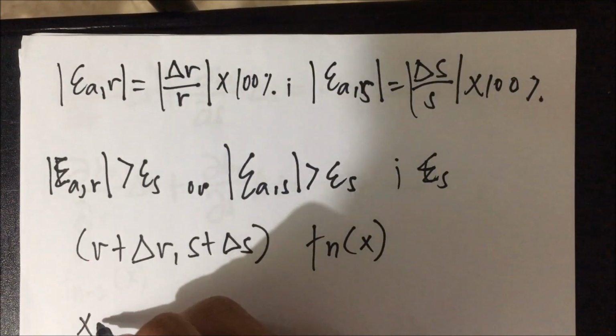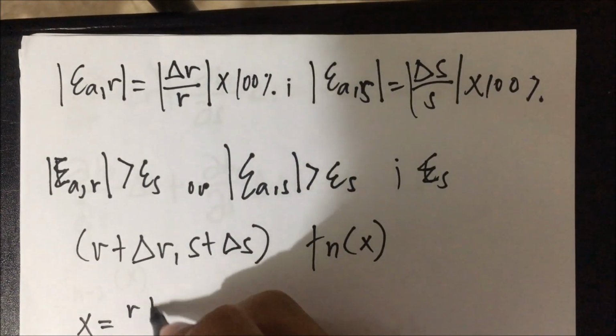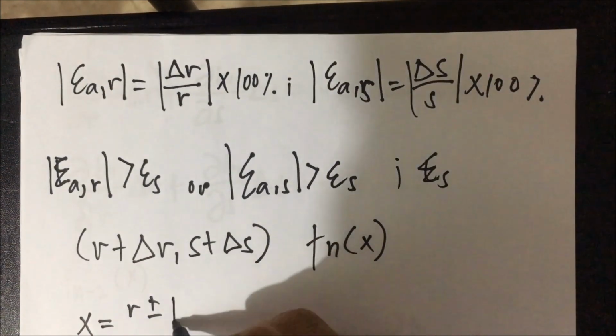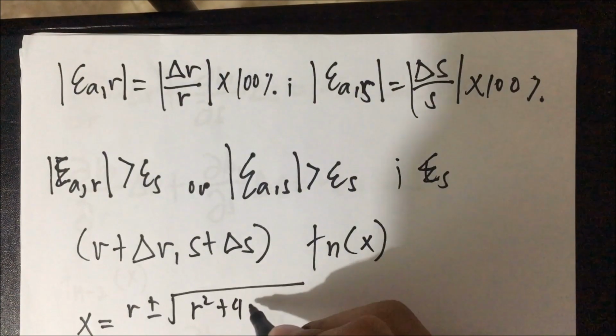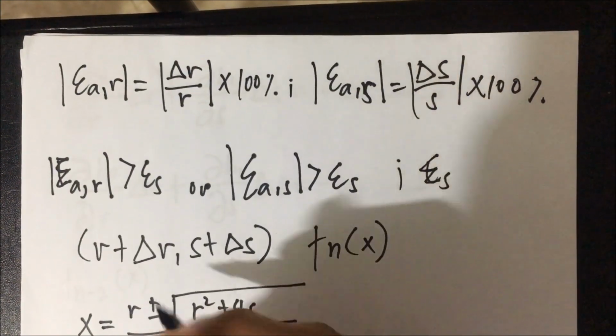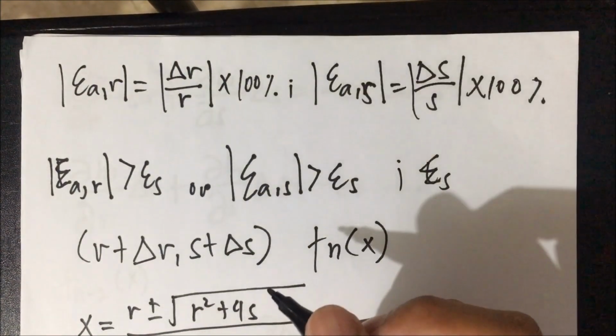Ang ating quadratic formula is r plus or minus square root of r squared plus 4s all over 2.